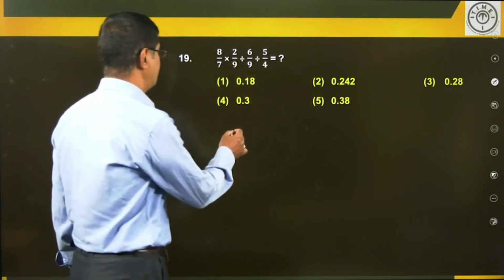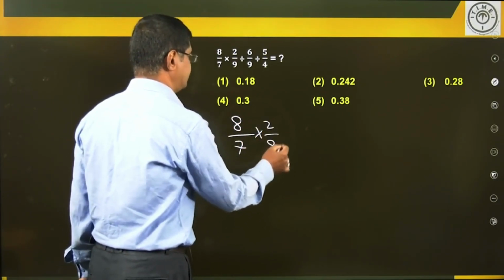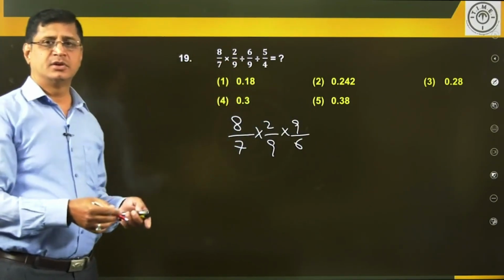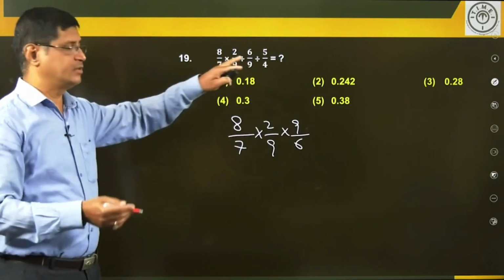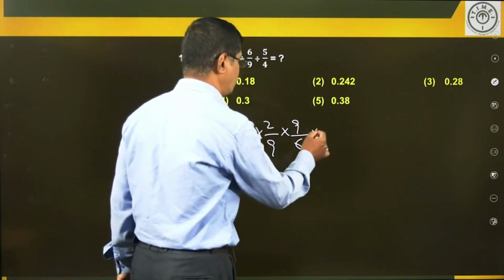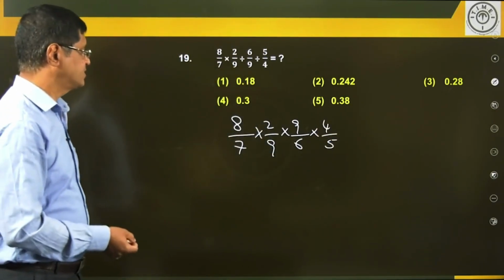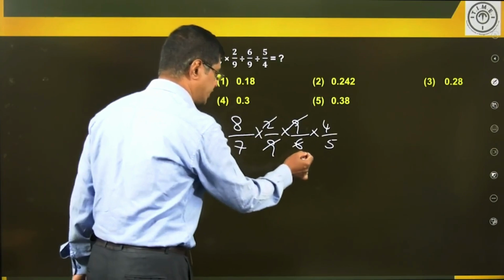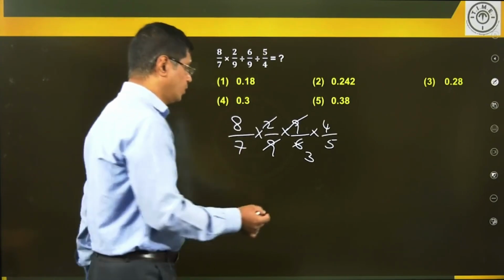Now look at the next example. 8 by 7, 2 by 9 into 9 by 6. Using multiplication in place of division, I am reversing the fraction. So 6 by 9 will become 9 by 6 into 4 by 5. Now simplify this. What is the cancellation? 9 and 9 we can cancel. 2, how many times does it go? 3 times. Now what is the next one? 8 into 4, that is 32.